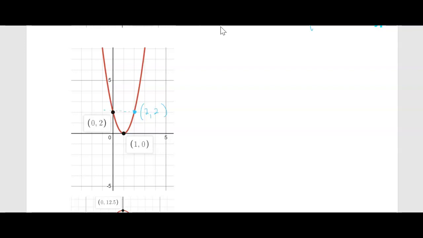So you can use either factorized form. If we're doing factorized form, remember you've got a repeated factor at x minus 1. Actually, we probably didn't need that other point. Because it's a repeated factor, it's x minus 1 squared, and then you just need to find your value of a.